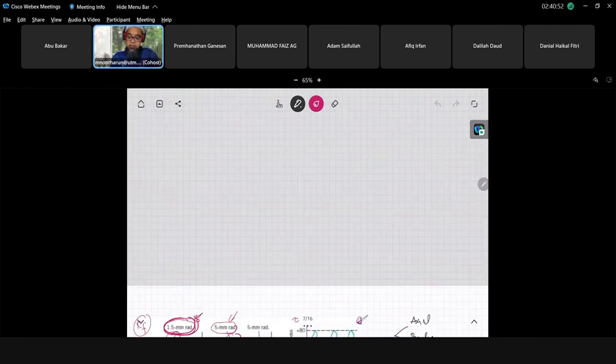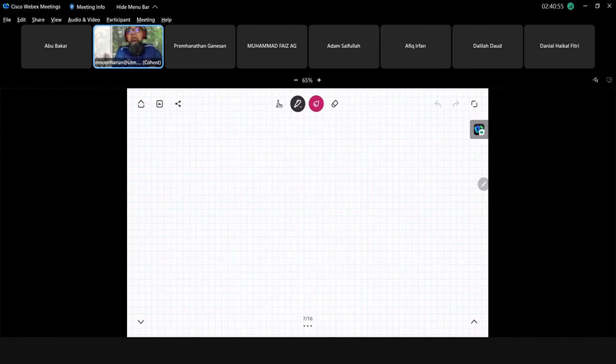The first question, kita ada simple completely reverse bending, fully reverse bending.